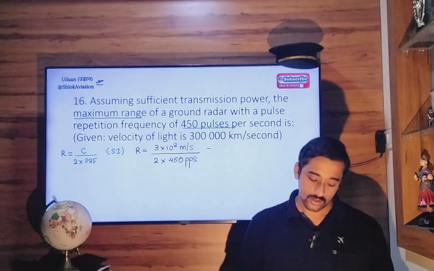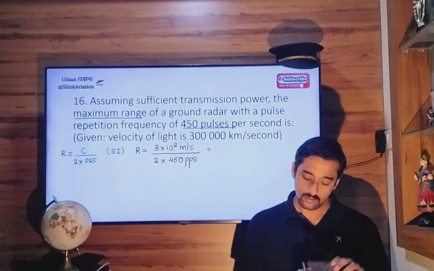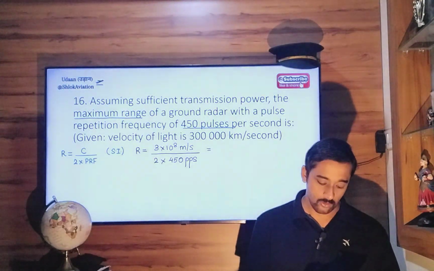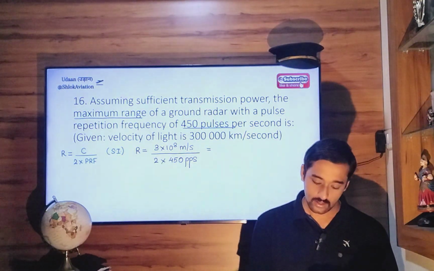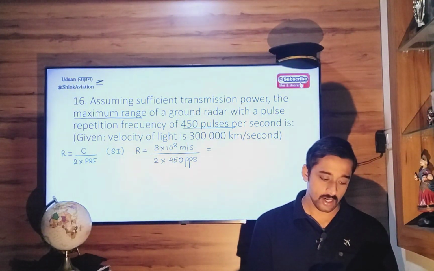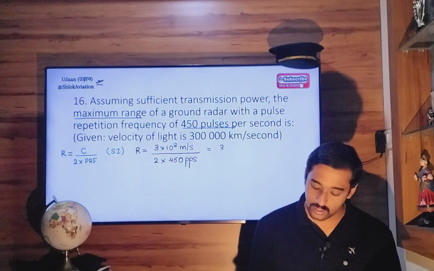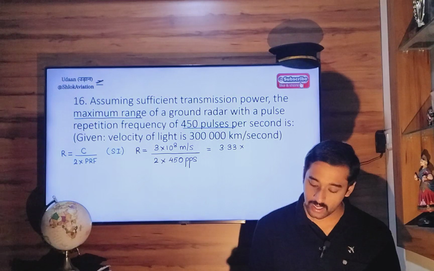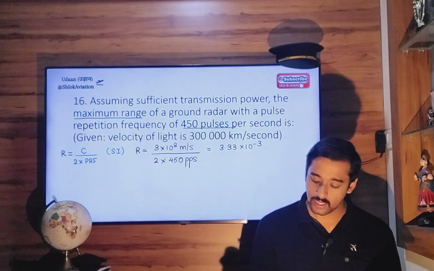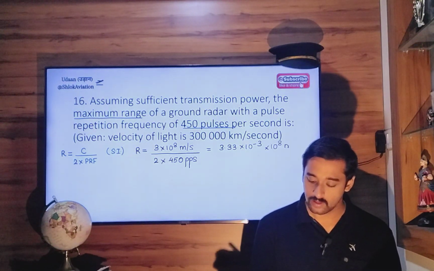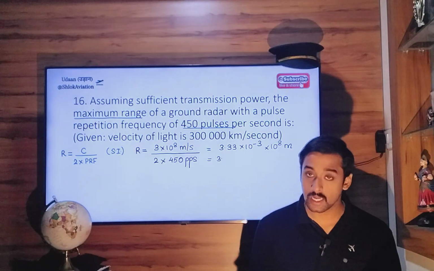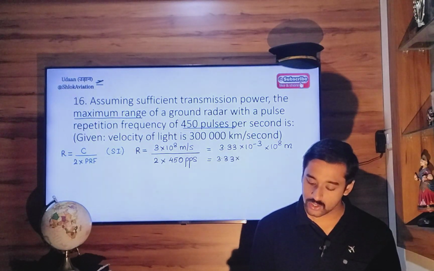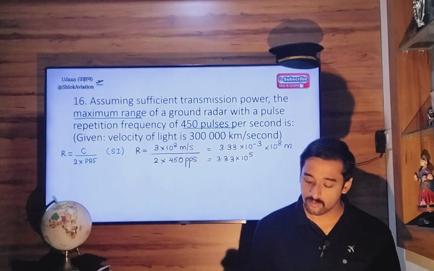So 2 into 450 is 900. 3 divided by 900 is 3.33 into 10 raised to minus 3 into 10 raised to 8 meter. This is equal to 3.33 into 10 raised to 5 meter.